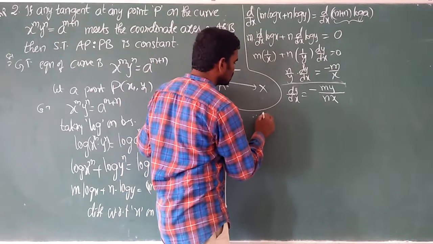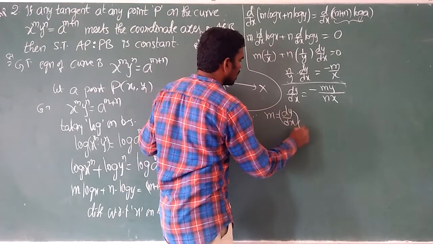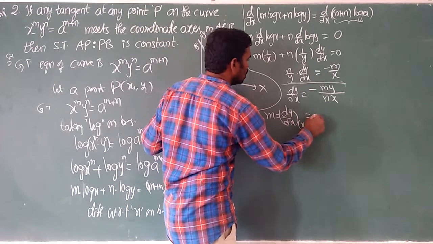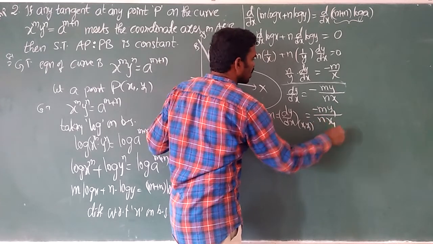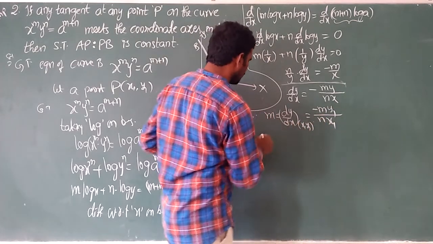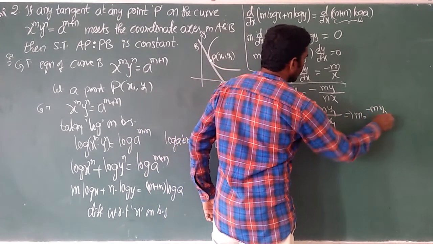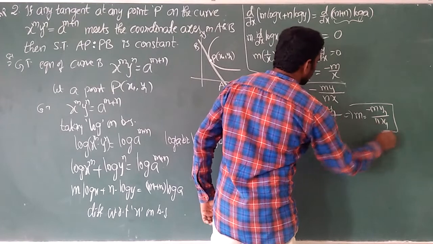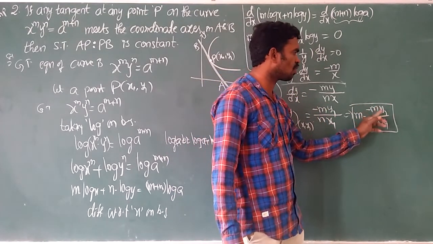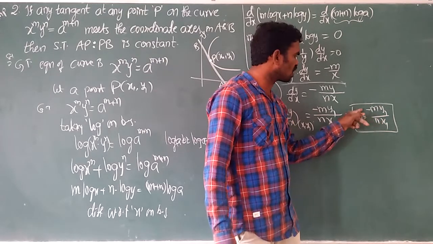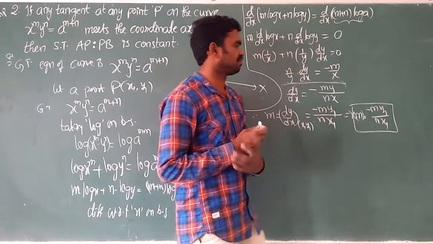Therefore, slope m equals dy by dx at (x1, y1), which is minus m y1 by n x1. This m means slope, and this m means some constant, n means some constant. So don't cancel m. Okay, now m is the denotation for slope.